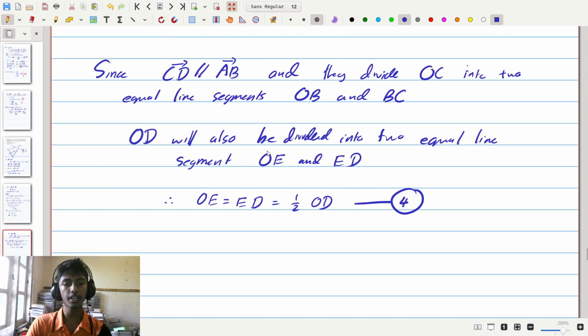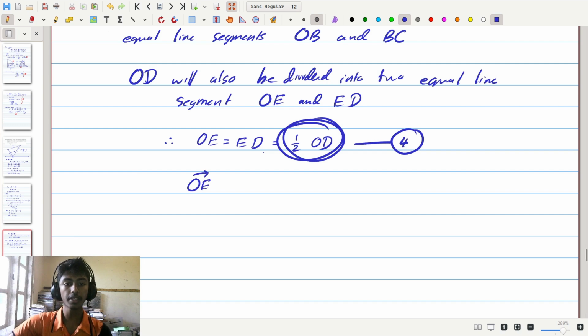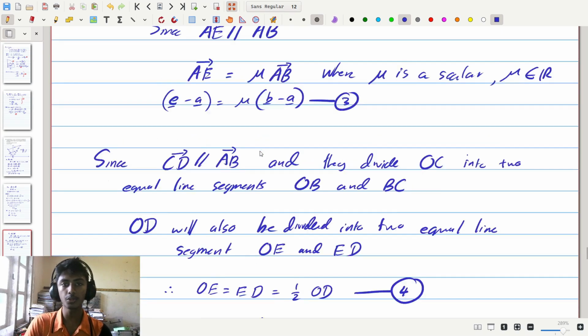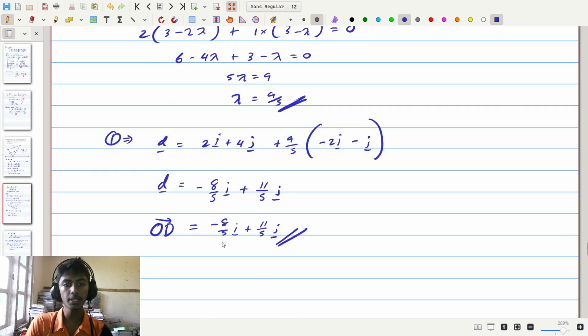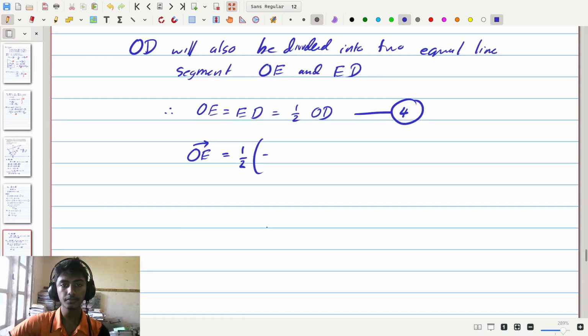Considering 3 and 4, here we can see OE vector is equal to half of OD vector. And due to that, OE vector is going to be equal to 1/2 of the OD vector, which we just found to be equal to negative 8 over 5i plus 11 over 5j.